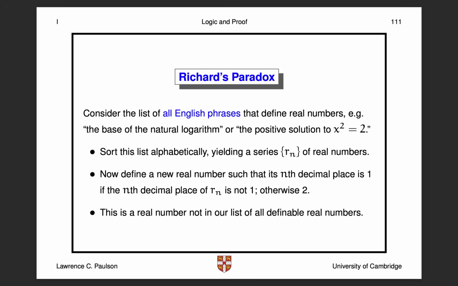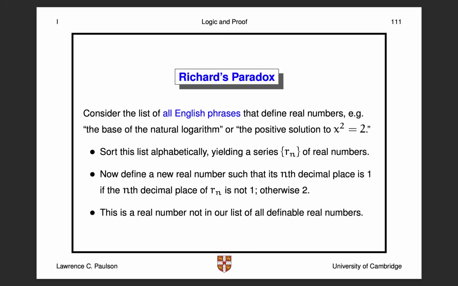That definitely refers to one particular real number. Or my other example, the positive solution of x squared equals 2, again, is one unique real number. We can now conceive of the set of all such phrases. It is, of course, infinite.